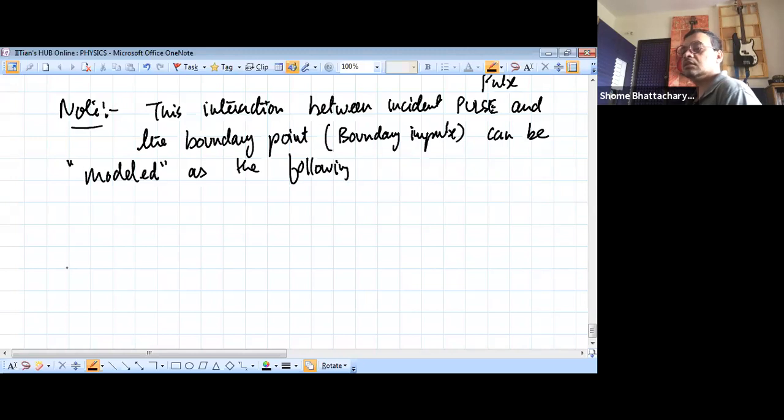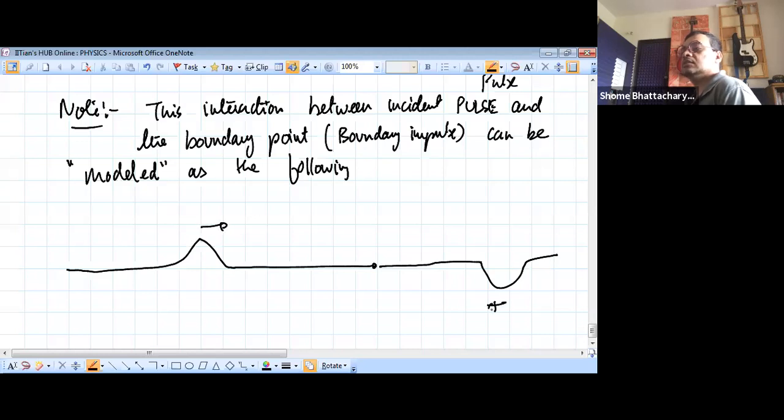It can be modeled as the interaction of one pulse on a string with another pulse which is traveling like this. The same amplitude, same width. Now if you take the midpoint of these two, this distance is equal to this distance and they are traveling with the same speed. Now you'll see that this point behaves in the same way.